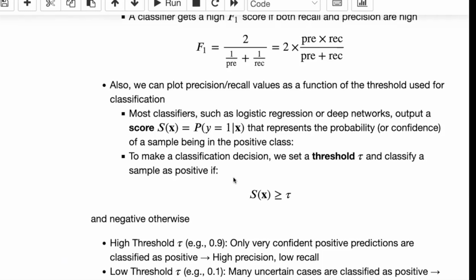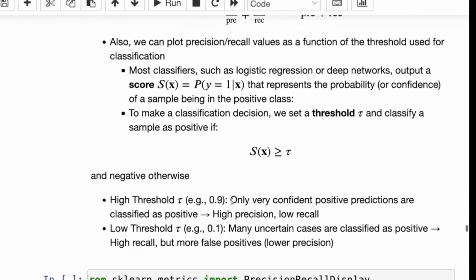However, we can change that threshold. So for example, if we change this threshold to be 0.9, what this really means is that we label a data point as being positive class or class 1 only if we are very, very confident, right? Because now the threshold is 90%. So if this probability is greater than or equal to 90%, then we say class 1.